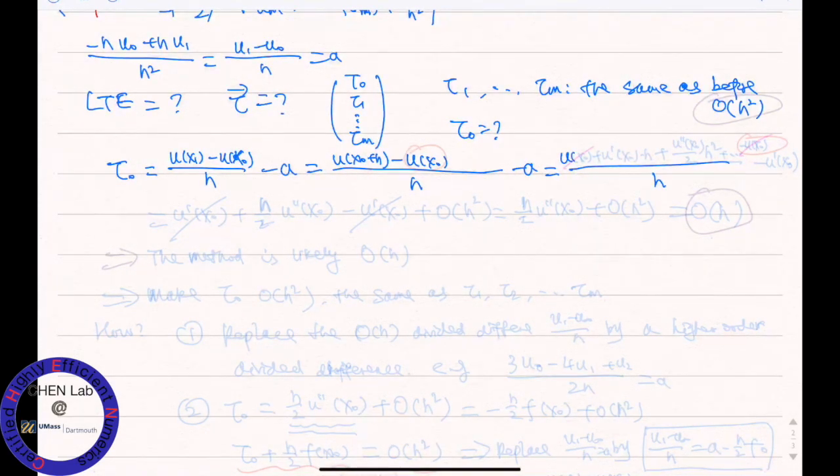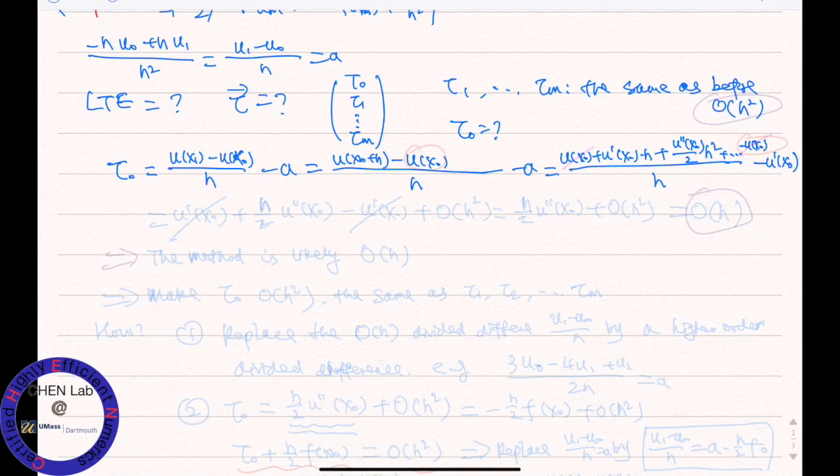You have u at x0 plus u prime at x0 times h plus u double prime over 2 times h squared, and so on and so forth. This minus a, what is a? By the equation, a is u prime at x0, okay? And this will subtract u at x0.